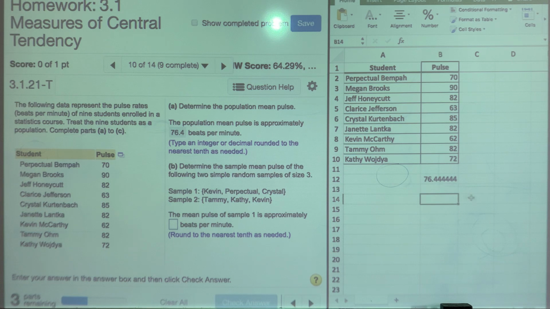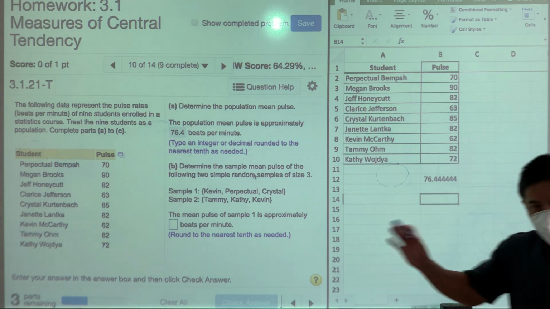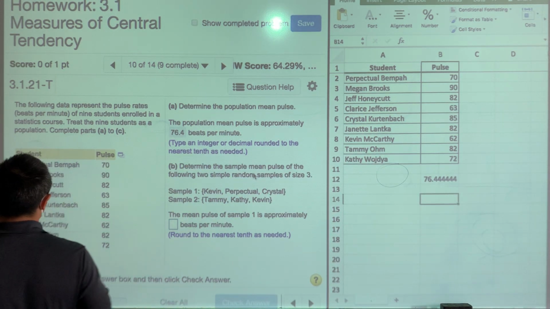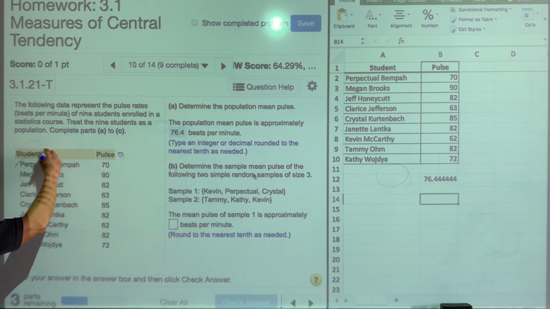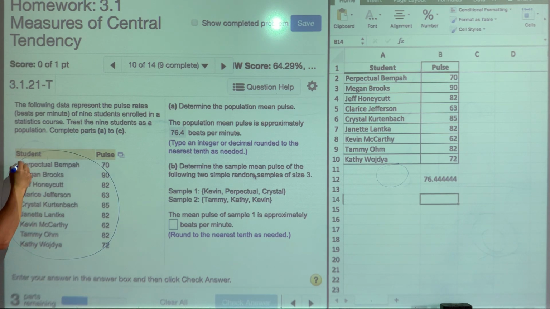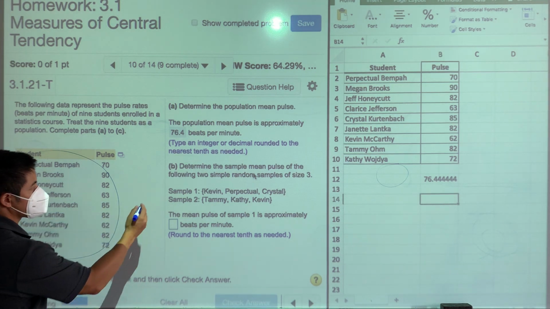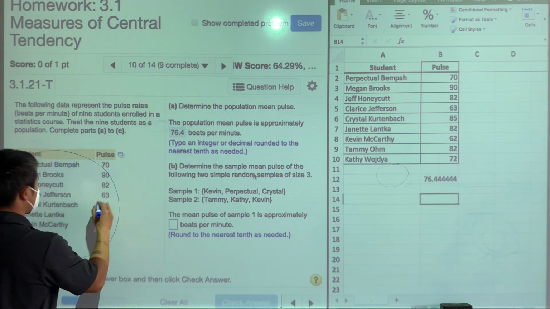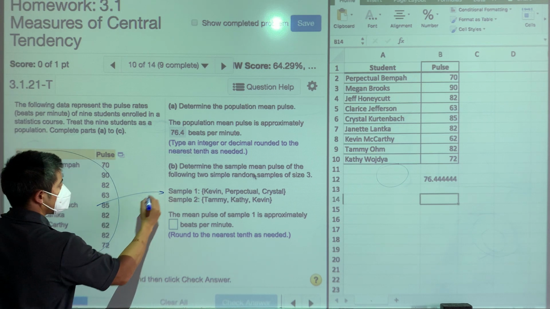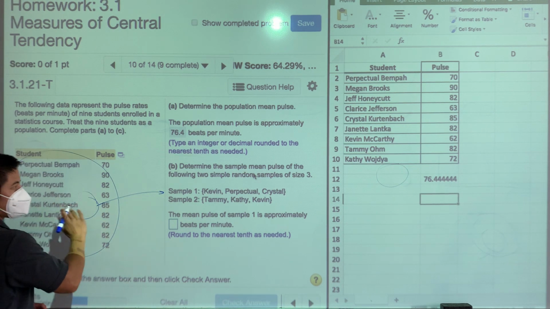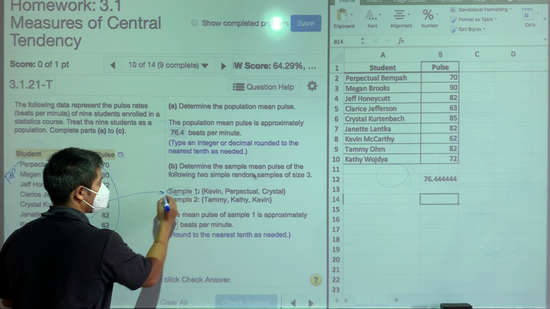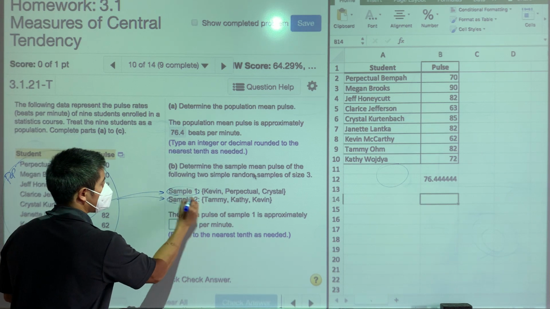They asked you to find the sample mean. So just a quick note here, remember what we talked about, population versus sample? This represents the population. You guys with me? Now, a sample is that they took some people out of here to form one sample and another sample.